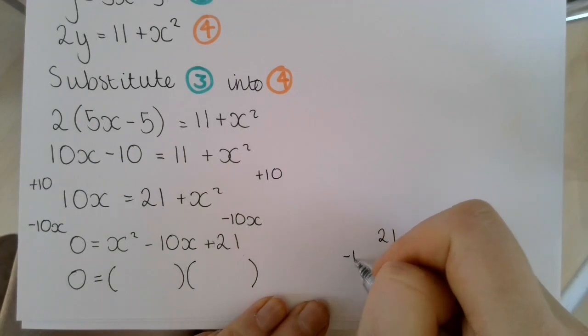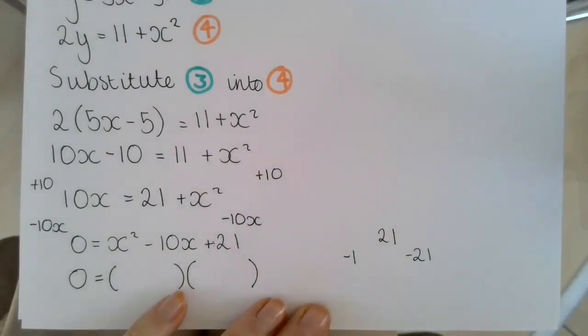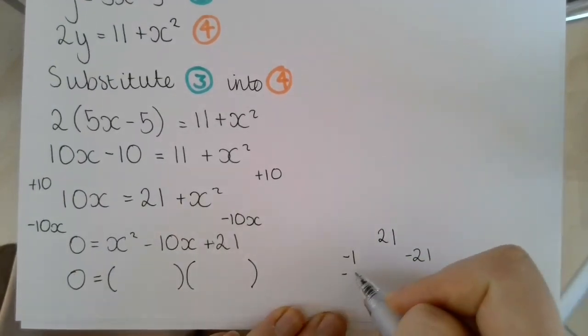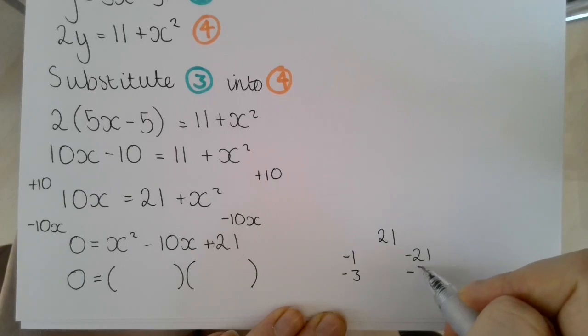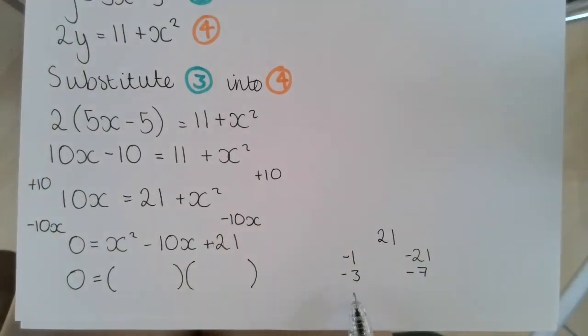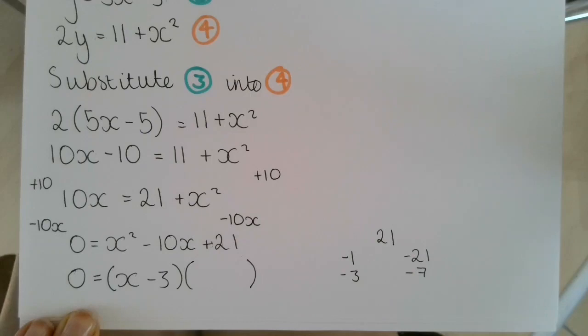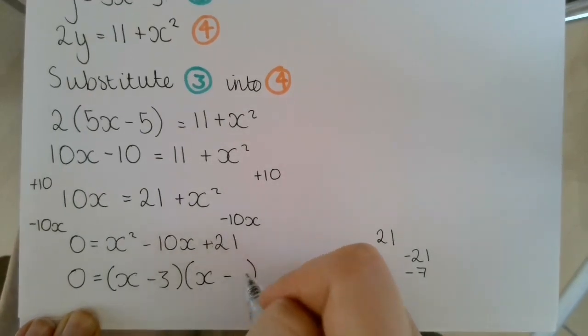So I've got negative 1 and negative 21. They don't make a sum of negative 10. I've got negative 3 and negative 7. Negative 3 plus negative 7 is negative 10, so they're going to be my factors. So in my brackets, I'd have x subtract 7 and x subtract 3.